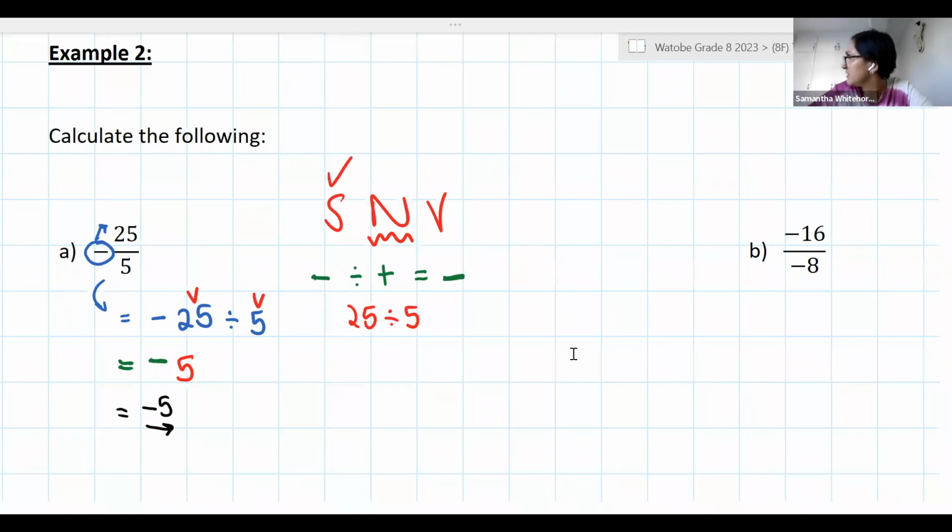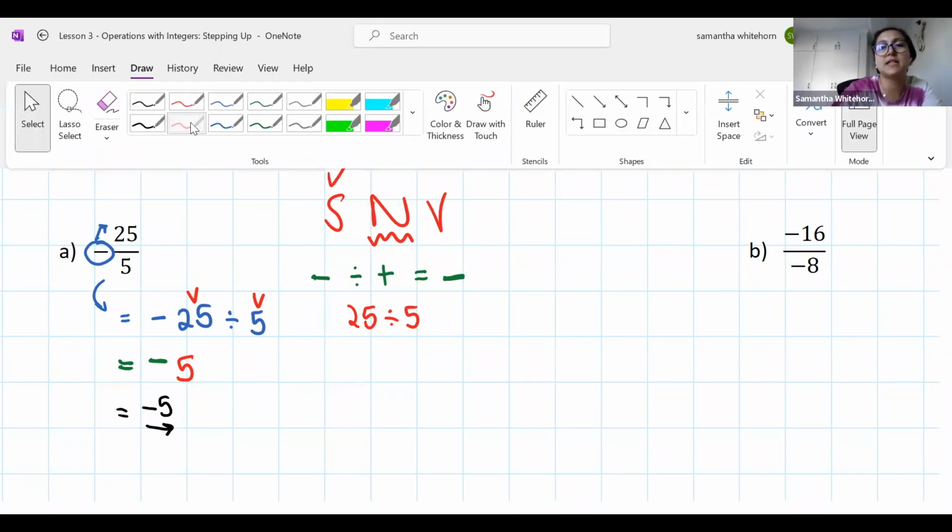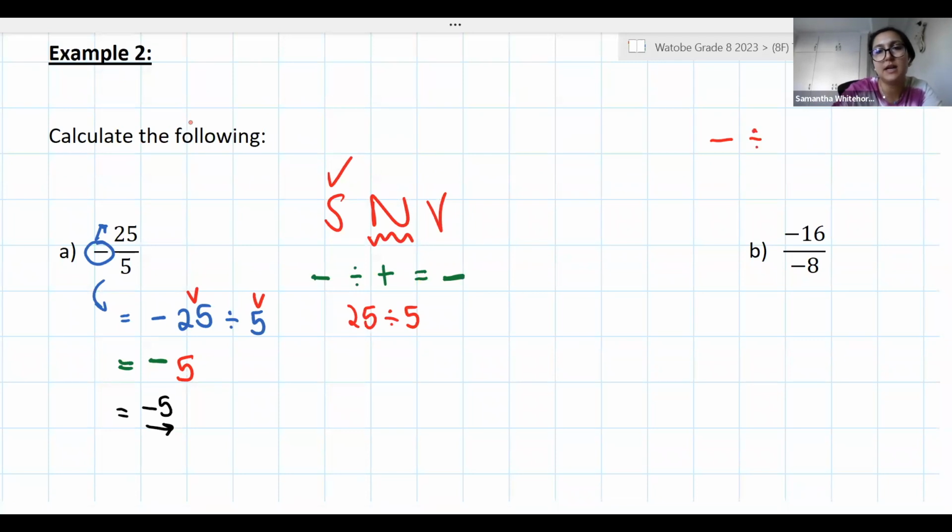Y'all did awesomely well. Well done, my people. Guys, remember those signs. Just be careful. Think about what a negative divided by a negative is. That's what we're doing here. Remember, it's the same rules as for multiplication. So if you know what a negative times a negative is, you know what a negative divided by a negative is.